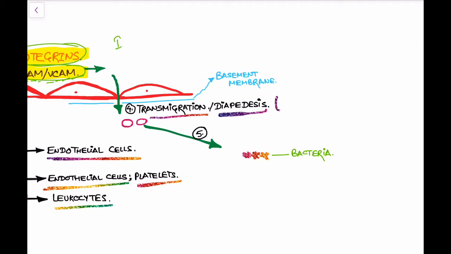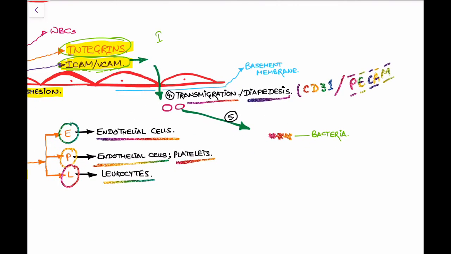This is the last step, and we also call it CD31 or PECAM. PECAM is platelet endothelial cell adhesion molecule. Due to the presence of this basement membrane, which is made up of collagen fiber, the WBC also has to cross the basement membrane.